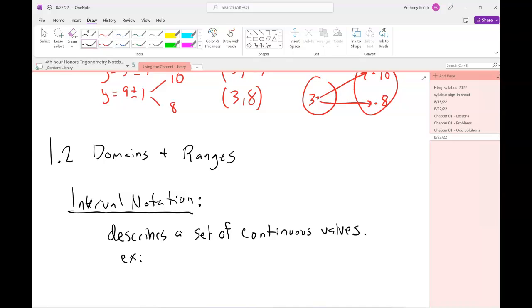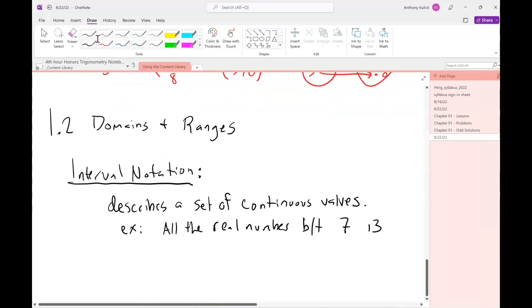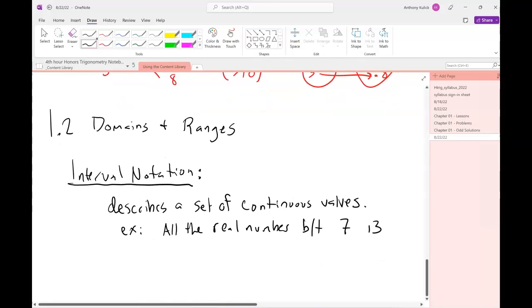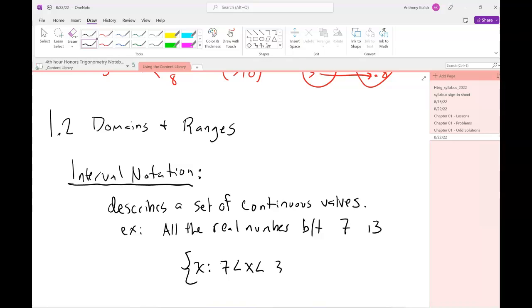For example, say you want all the numbers, let's be specific, real numbers between 7 and 13. So if I wanted to describe that as a set, I'd say the set of x is such that 7 is less than x, which is less than 13, right?